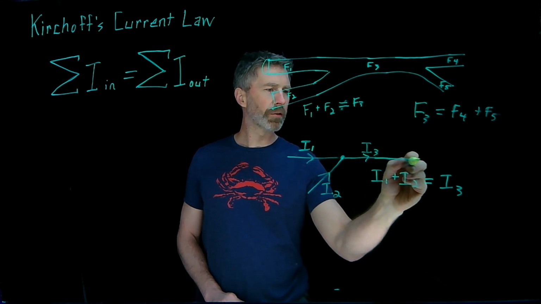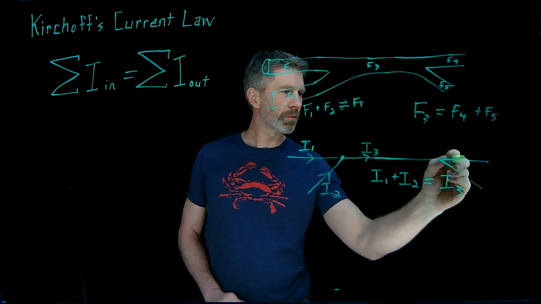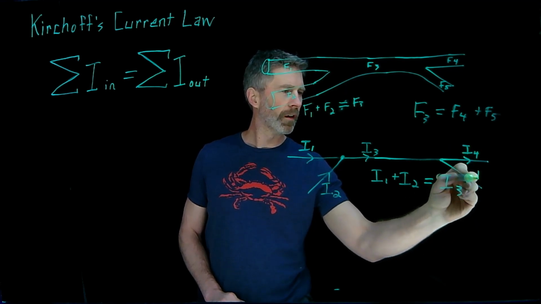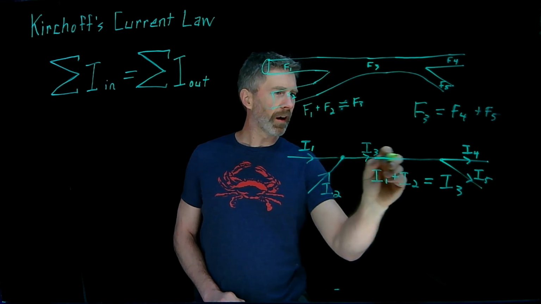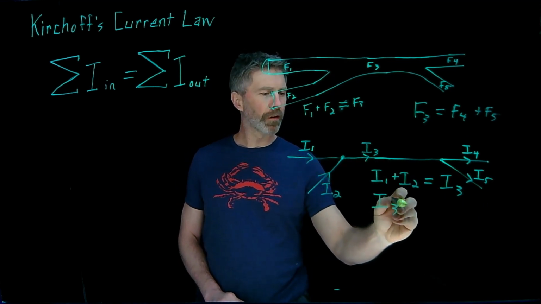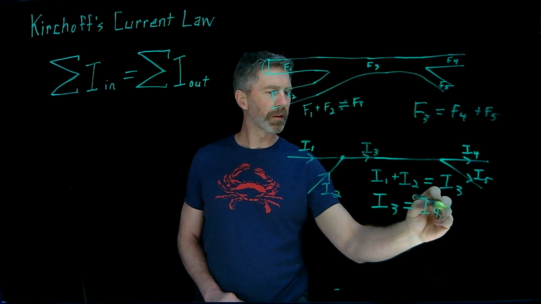And then similarly, if we have a junction over here where we have a split, let's call that I4 and I5, that I3 gets split between I4 and I5. And so the current going into this node has to equal the current coming out of the node, I4 plus I5.